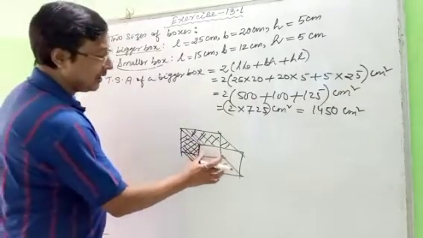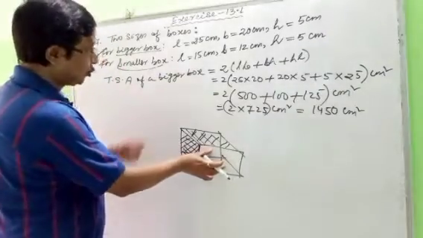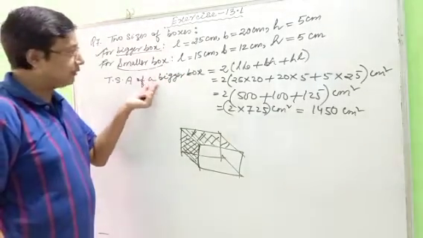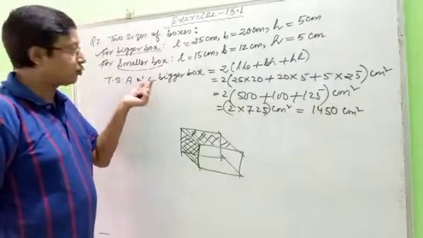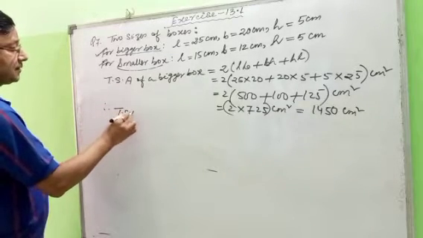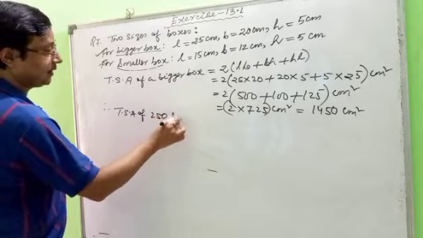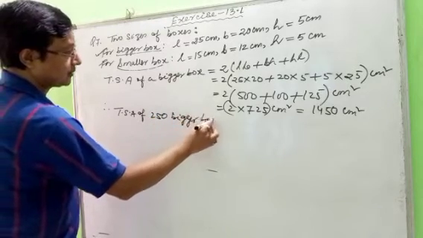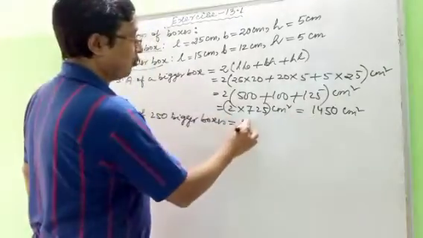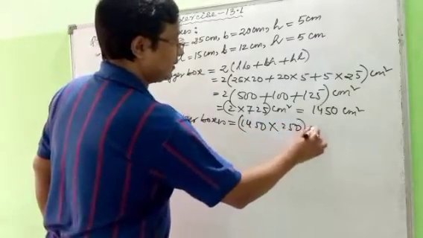They are going to place an order of 250 bigger boxes. You got the surface area of a single bigger box, and they are going to order 250. Therefore the total surface area of 250 bigger boxes equals 1450 into 250 centimeter square.